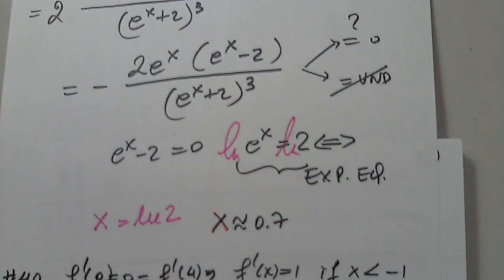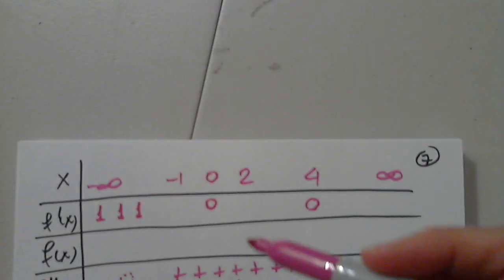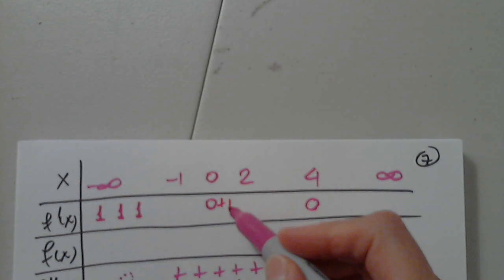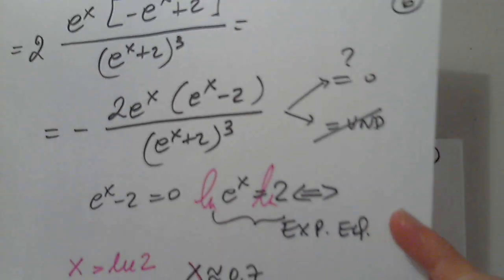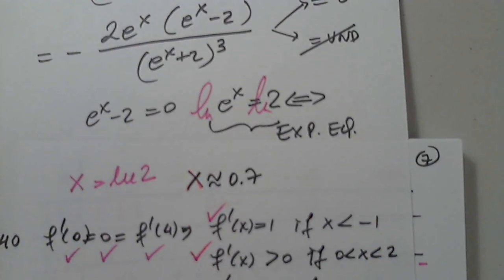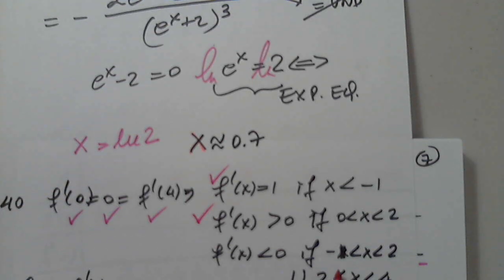Good. So this is done. F prime of x is greater than 0 between 0 and 2. This is done. It's less than 0 for negative 1 to 2.